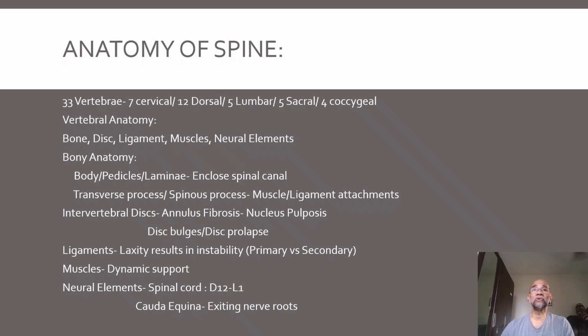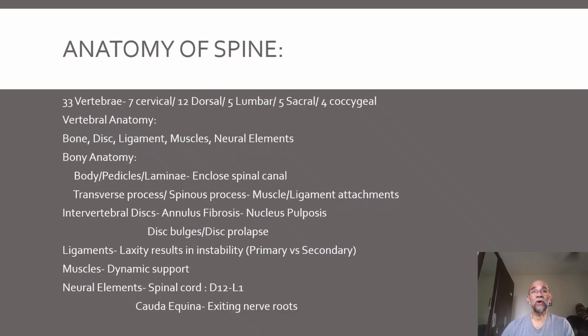This can also produce neurogenic symptoms, but very often these can be managed without interventions. A prolapse is when there is a tear in the annulus fibrosus, resulting in extrusion of some part of the soft nucleus pulposus. Very often these patients require surgery.